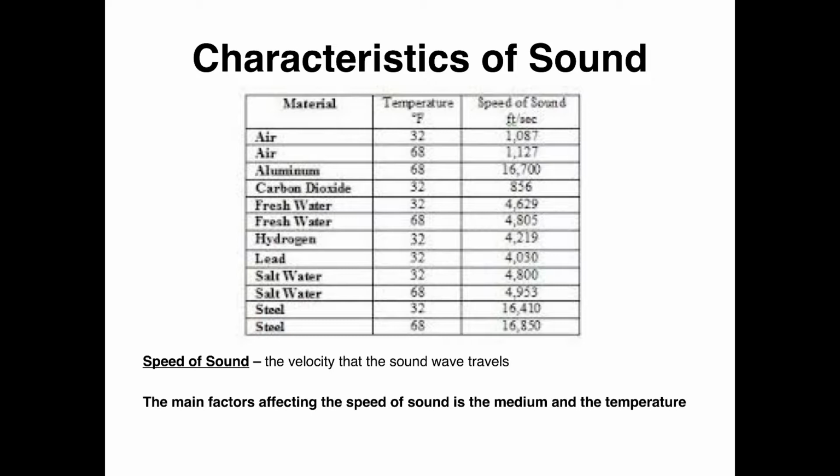And if you look at the table here, one example, look here at the difference, air at 32 degrees versus air at 68 degrees, you can see that there's a modest increase in sound velocity. If you look at fresh water at 32 versus 68, again, an increase in velocity. And now notice, if you compare air at 32 to water at 32, the velocity of sound is 4 times as fast in water compared to air.